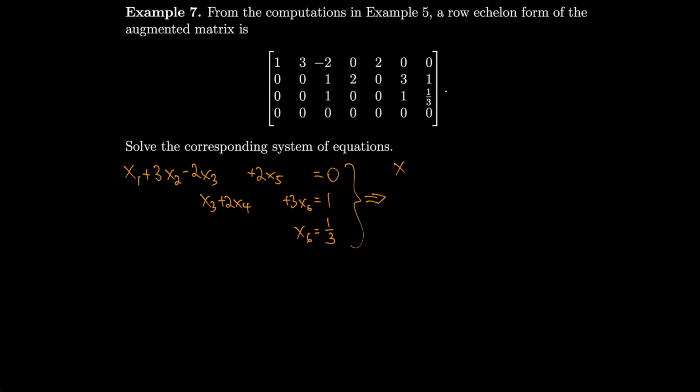So we'll solve for x1. We'll get that x1 is negative 3x2 plus 2x3 minus 2x5. We'll get that x3 is 1 minus 2x4 minus 3x6. And we'll get that x6 is 1/3.